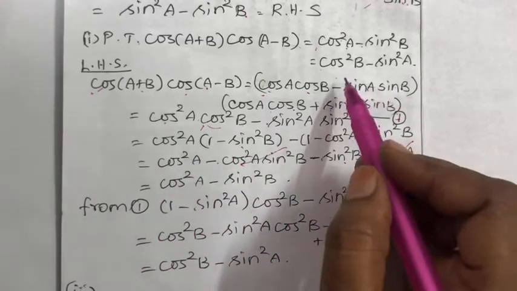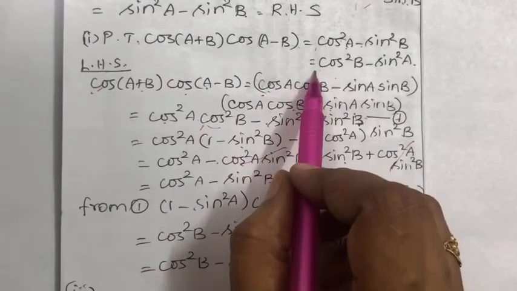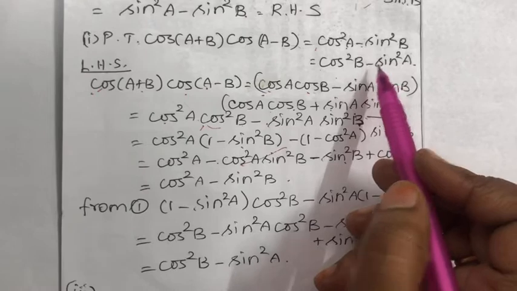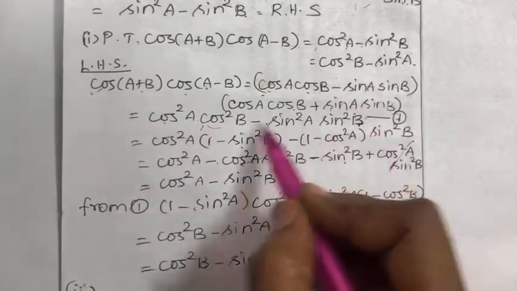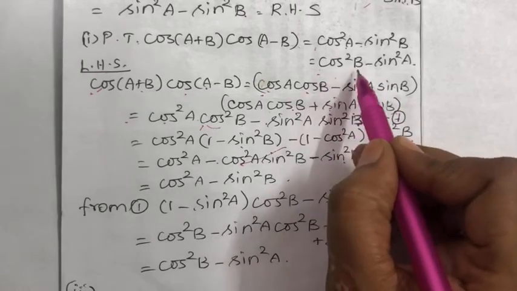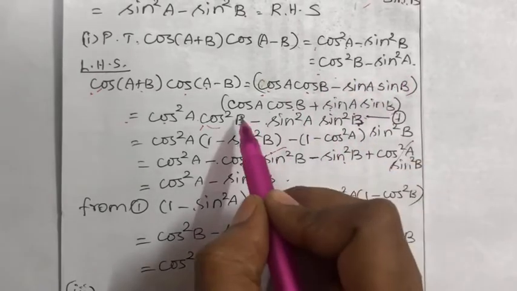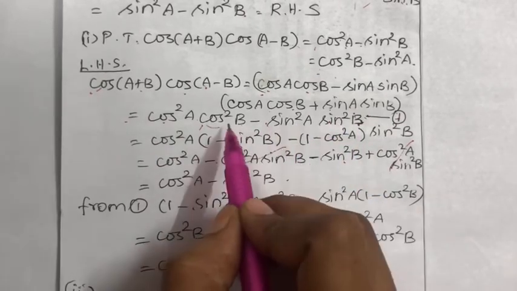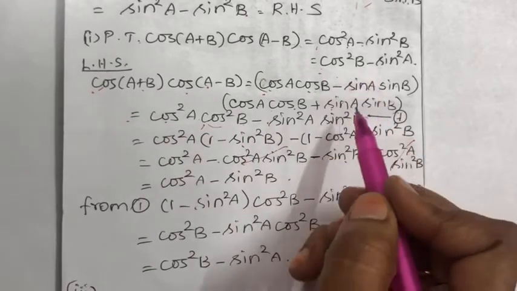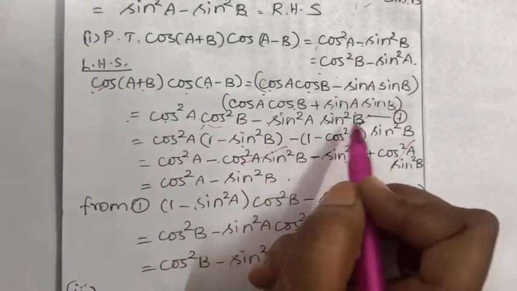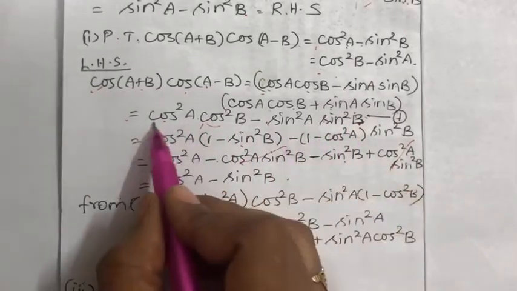We have to prove this expression equals cos square B minus sin square A also. So for that, let's come to this equation 1. And here now I leave cos square B and sin square A as it is, and then I am going to change the other expression. So cos square B and sin square A stay, cos square A and sin square B we need to change.